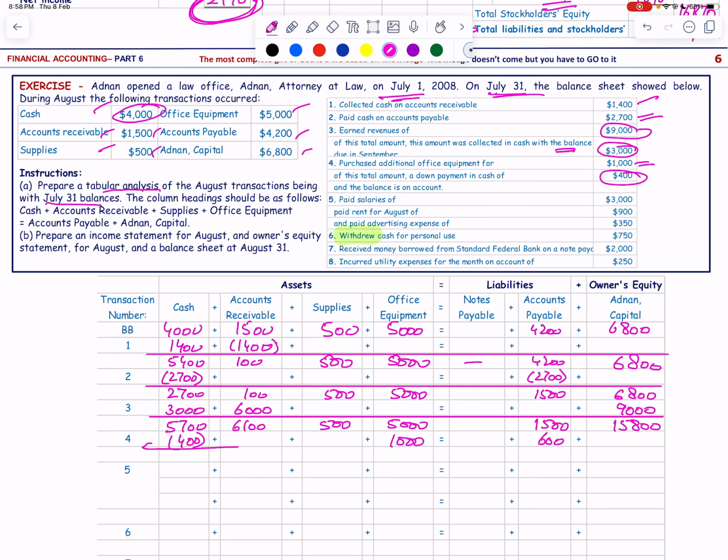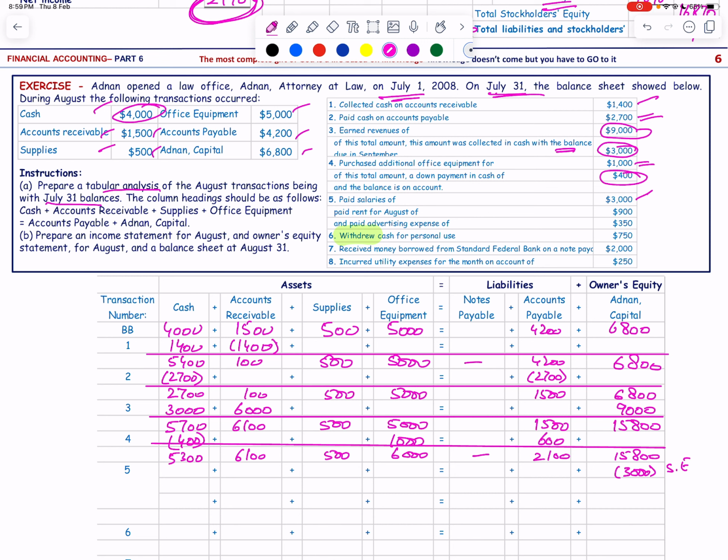We make the total again, and the total is 5,300, 6,100, 500, 6,000, then 2,100 and 15,800.